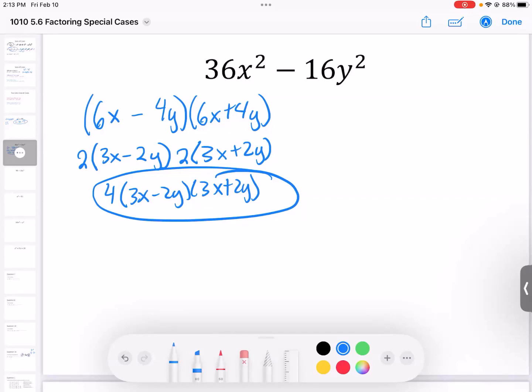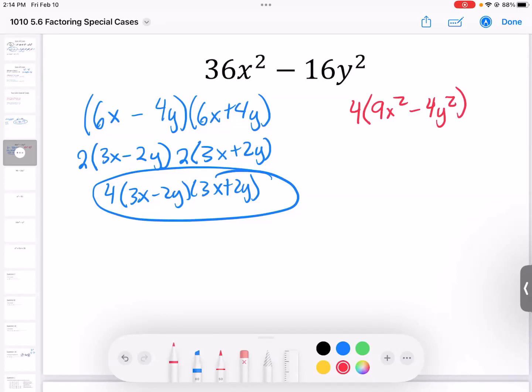Now, this one you could have actually done a different way if you had started with greatest common factor factoring, because both of these have a 4 in common. So you could have started off the problem by saying, well, if I factor out a 4, I would get 9x squared minus 4y squared when I factor out a 4 out of both of those terms.